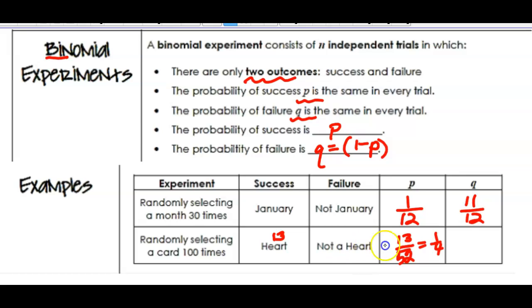The chance you don't get a heart would be the rest, or 3 in 4. All right. So the probability doesn't have anything to do with how many times we're doing the experiment. That's another part of the question.